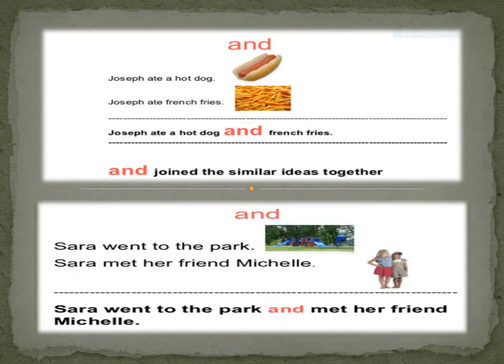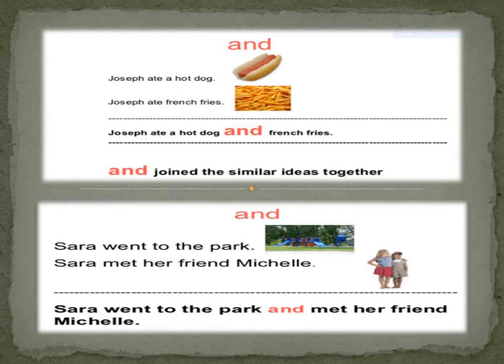Before we start the exercise, I would like to give a quick recap of the conjunctions and, but, or and their usage. And is used to join similar ideas together. For example, Joseph ate a hot dog.